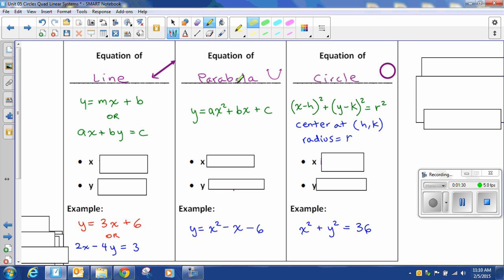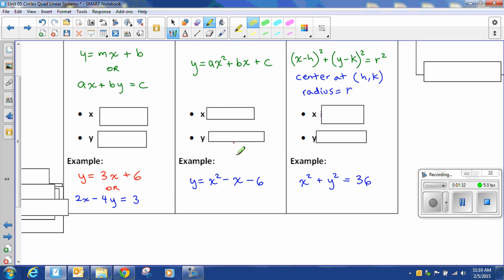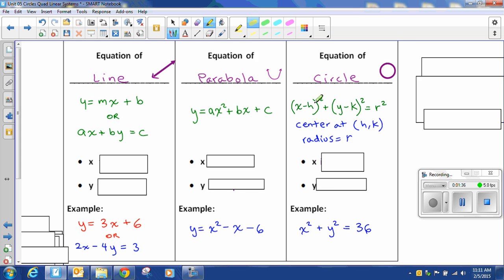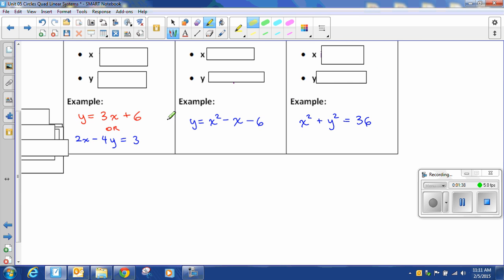Now I want you to take notice at how we can tell the difference between all these different types of shapes just based on the equation. I want you to notice that a circle has powers of 2 for the x and the y. A parabola has a power of 2 on the x, but the y is to the first power.